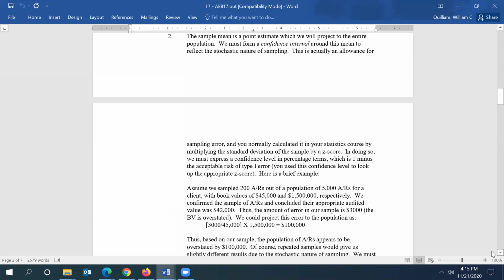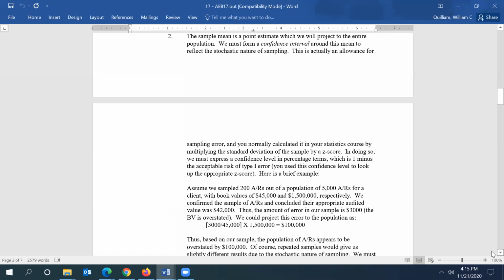But anyway, usually in statistics, as we said a couple of weeks ago, the acceptable risk of type 1 error was specified as either 10%, 1%, or sometimes 5% in the middle.